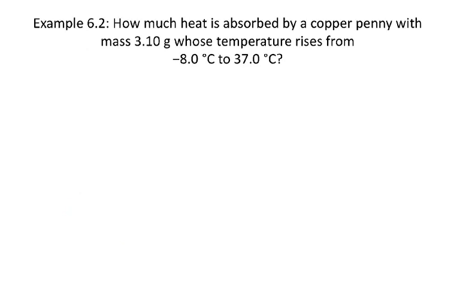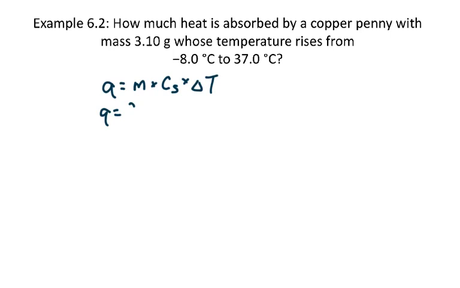Let's use that equation. How much heat is absorbed by a copper penny with a mass of 3.10 grams whose temperature rises from -8 degrees Celsius to 37 degrees Celsius? We know that our heat is our mass times our specific heat capacity times our change in temperature.